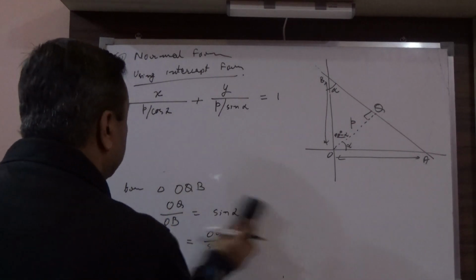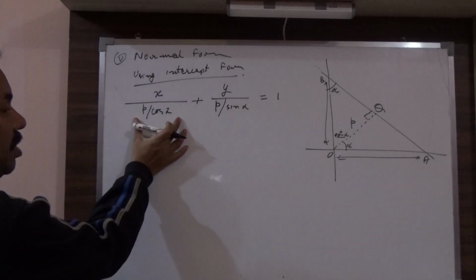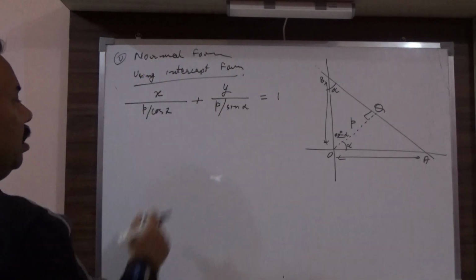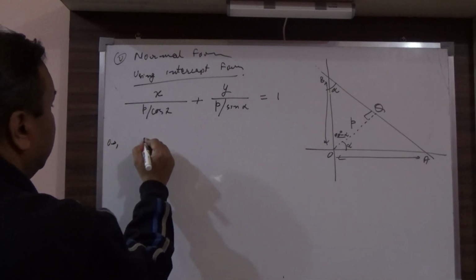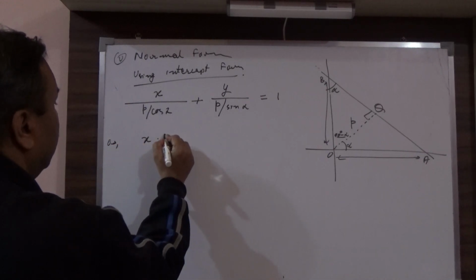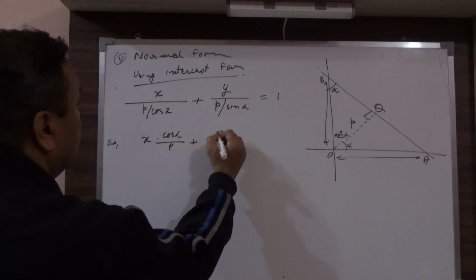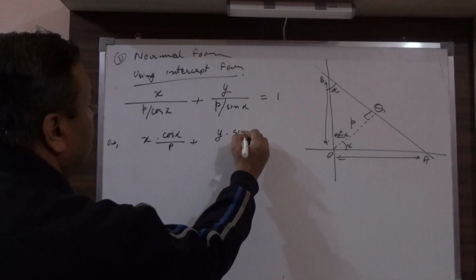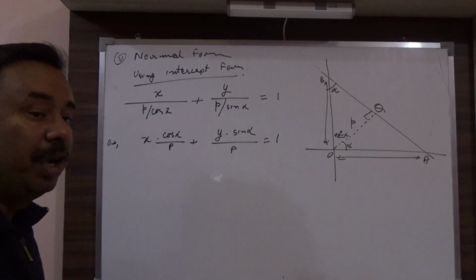Since this is a fraction in the denominator, I take the reciprocal and multiply. So I get x cos alpha over P plus y sin alpha over P equal to 1.